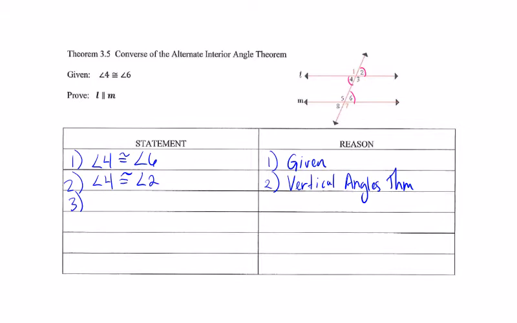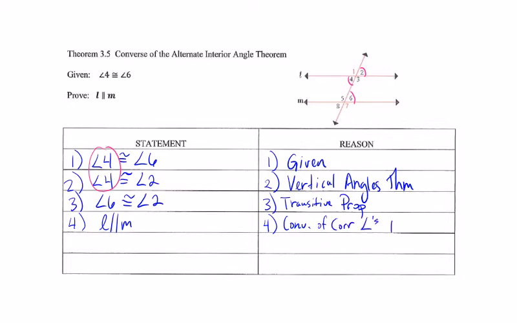So I can say that angle 6 is congruent with angle 2 because of the transitive property. Because 6 and 2 are both congruent to the same angle, they must be congruent to each other. And finally, now I can say that L is parallel to M because of the converse of corresponding angles theorem.